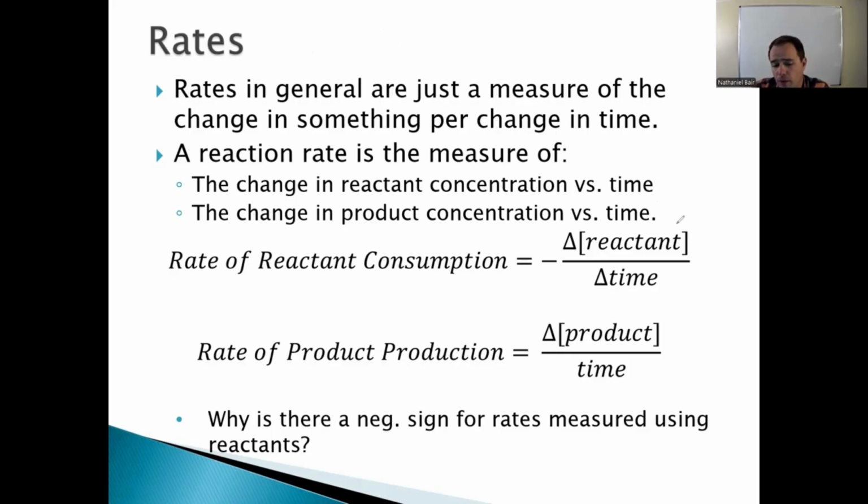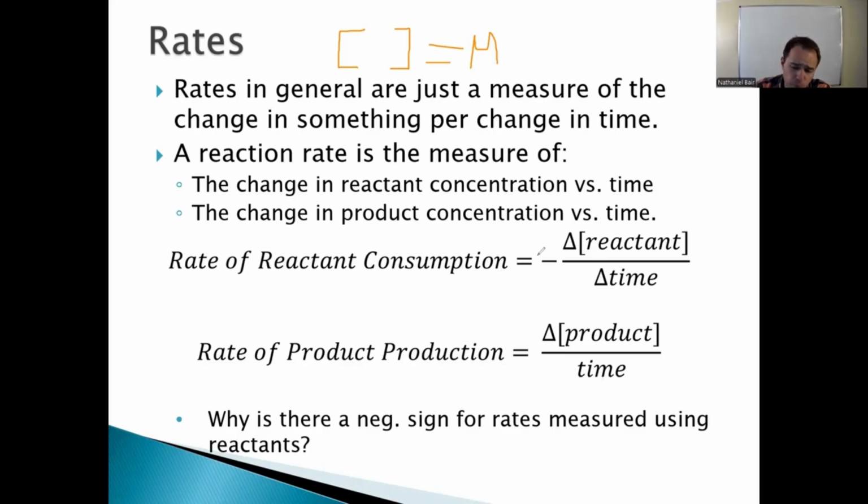So if you look here, these brackets are chemists' abbreviation for molarity. So when you see this, this stands for change in the reactant concentration, the molarity of the reactant, over the change in time. And this bottom one is change in product concentration over time.